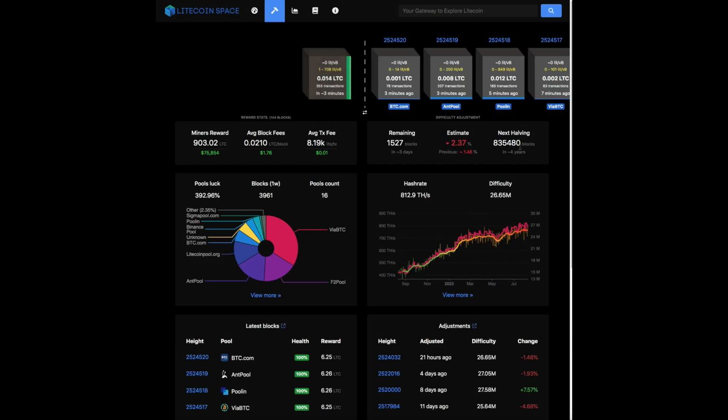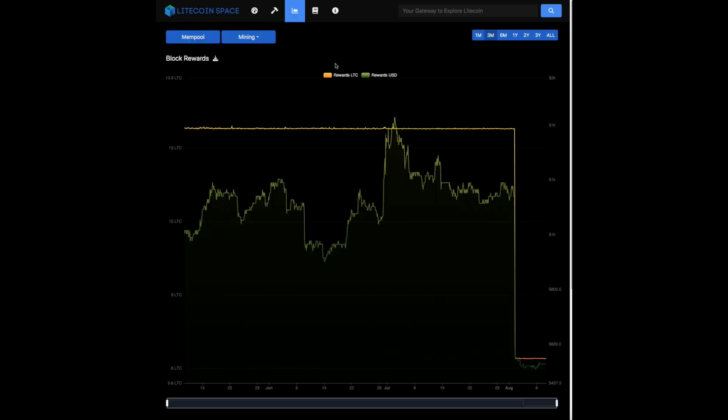So the next halving happens in 4 years. Right now, miner rewards, that's past 144 blocks. How many blocks are? Yeah, so you see here. Sorry. So block rewards we're at.